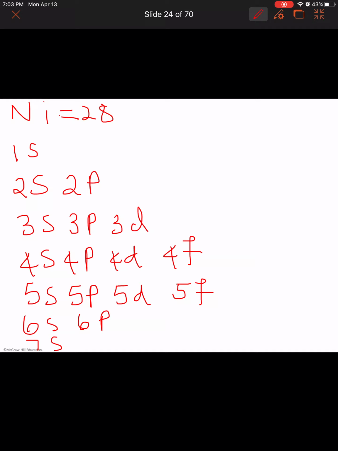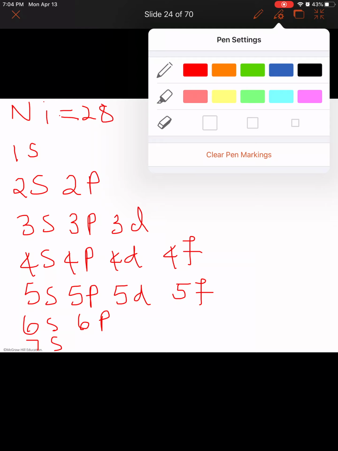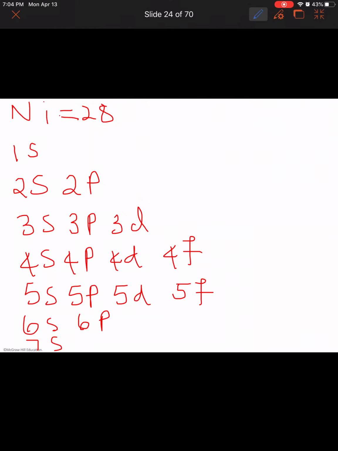Okay, now we have to fill up to 28. This is how we're going to do that. Always remember, s can hold up to 2 electrons, p can hold a maximum of 6, d can hold a maximum of 10, f can hold a maximum of 14. Okay, now let's see. This is how it's going to fill up. First, it's the s orbital that's going to form.